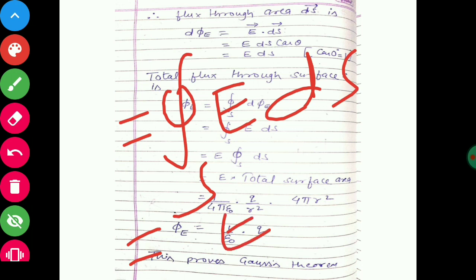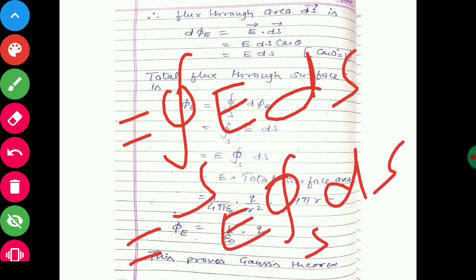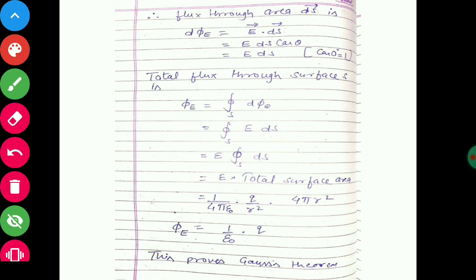When E is taken out, there is only ds. Now E is the electric field intensity, and when we integrate ds, it gives the total surface area.